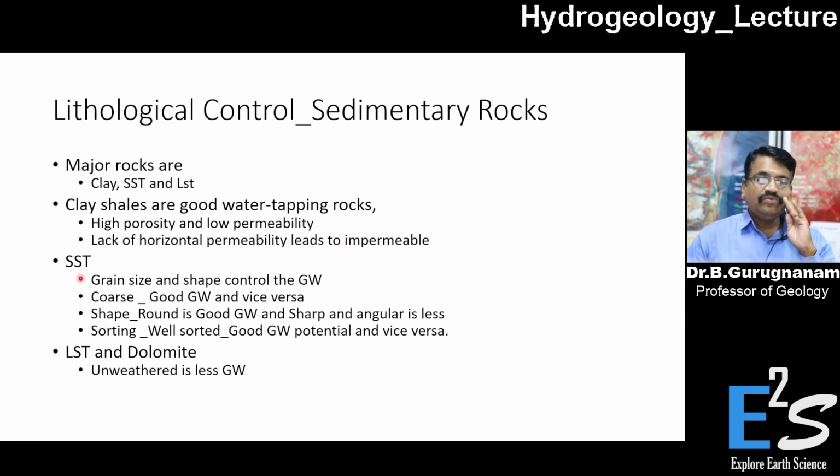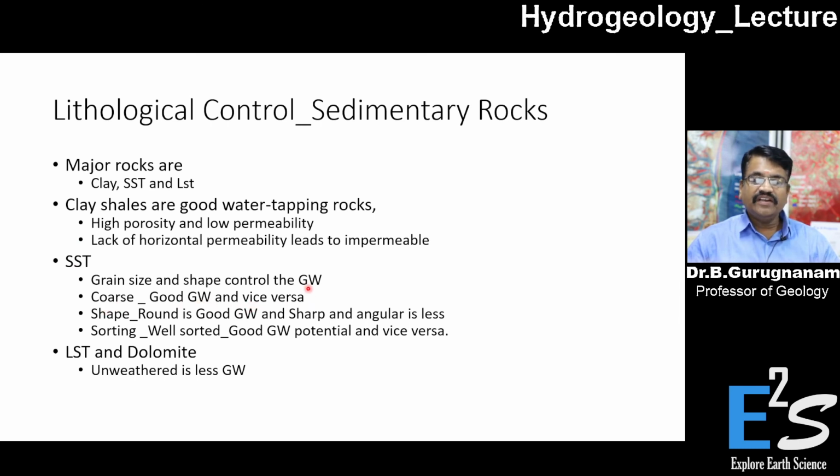Coming to the second major sedimentary rock, sandstone. Normally, sandstones are good aquifers. The best example of a water-bearing rock is sandstone. But here also grain size and shape control the groundwater. If coarse-grained, it has good groundwater potential.